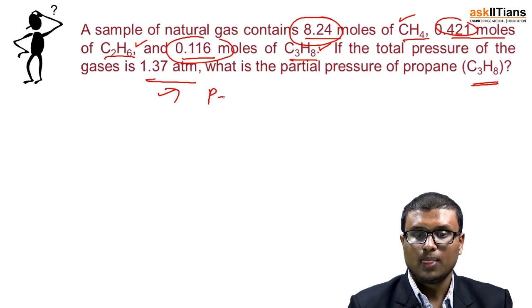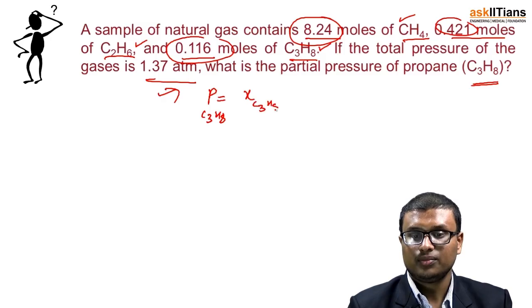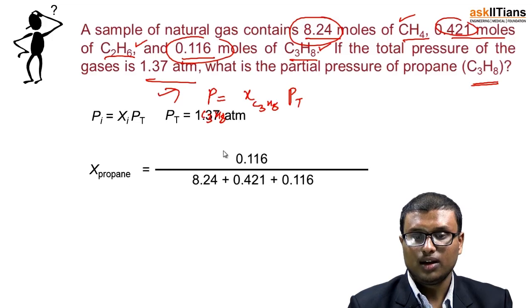So what is partial pressure? Partial pressure is nothing but the mole fraction times the total pressure. For example, here I am asked the partial pressure of C3H8, right? So the partial pressure of C3H8 will be the mole fraction of C3H8 into the total pressure. The total pressure is 1.37 atm. The mole fraction of propane will be the ratio of the number of moles of propane, which is 0.116, to 8.24 plus 0.421 plus 0.116, the total number of moles.